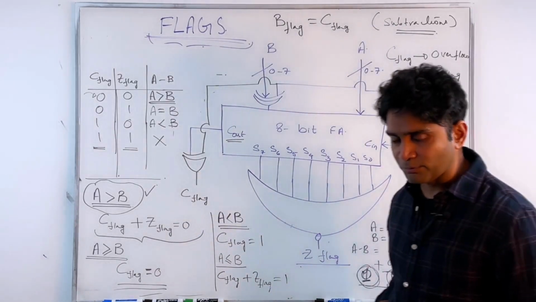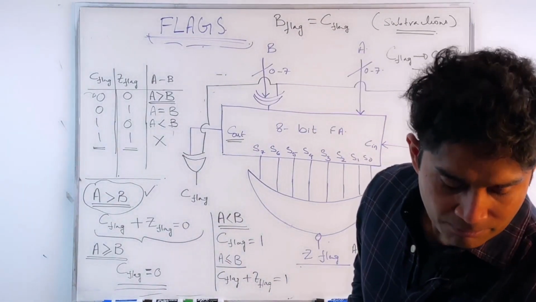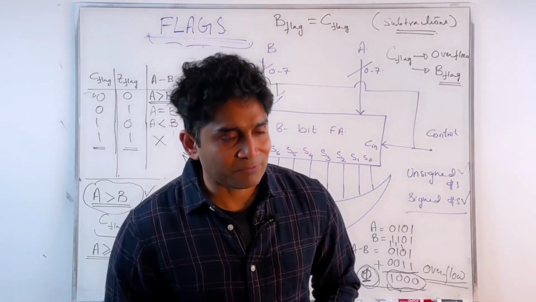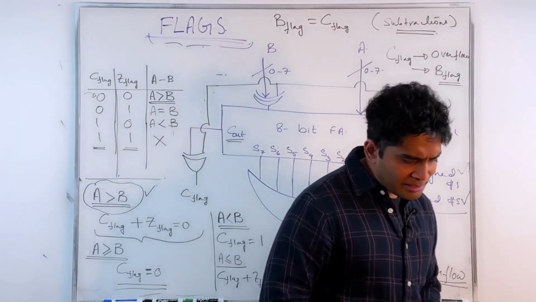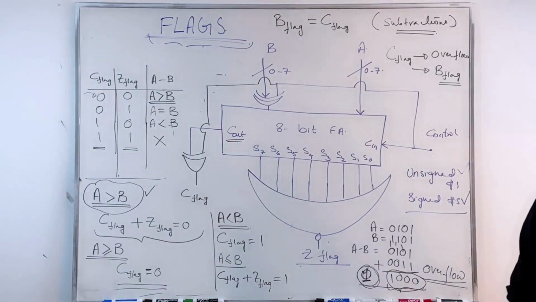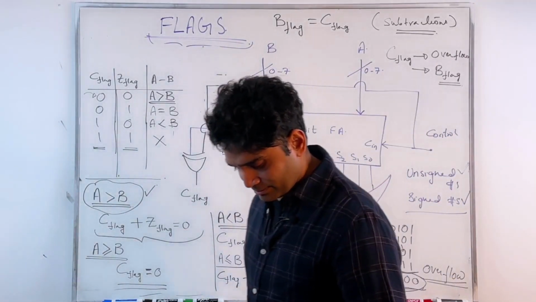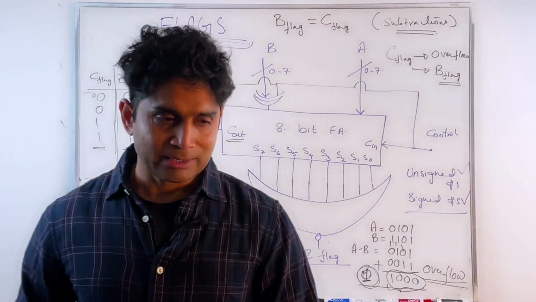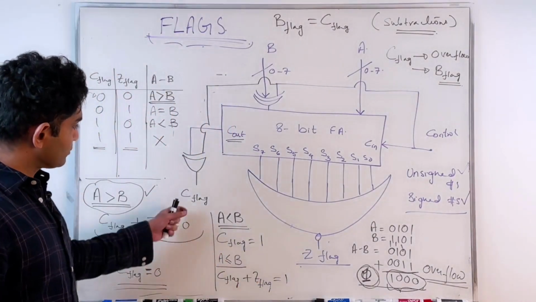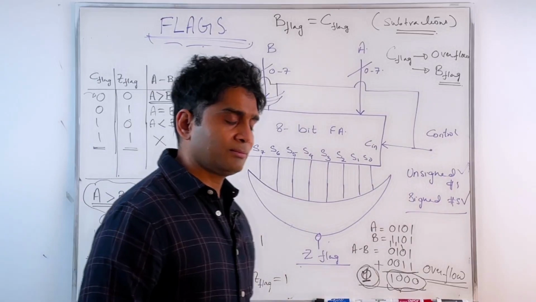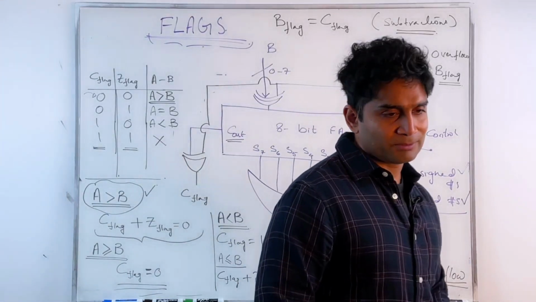Any questions on this before we move on to the next part, where we want to check conditions for signed numbers, which is a little bit more involved than this? Here it was more straightforward because we just use C out, and then we modify the C out to make it the C flag to follow the convention, and we are done.